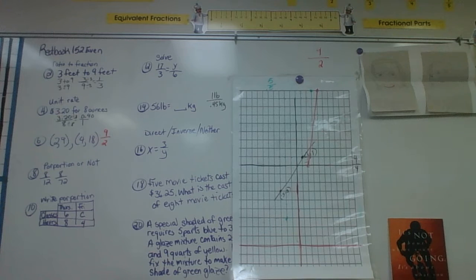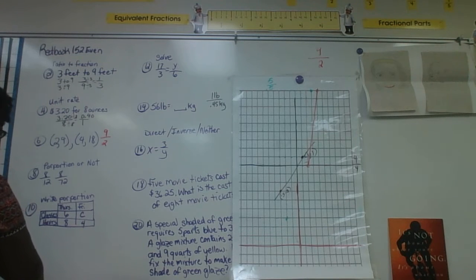Okay, moving forward, we want to take a look at our proportion here. Is it a proportion or not? So what we must do to discover if it's a proportion is that we cross multiply. And once we cross multiply, we can discover if we are equal or balanced on both sides.